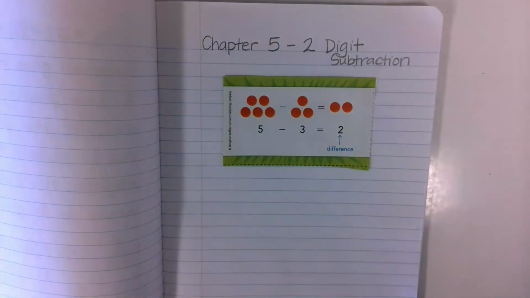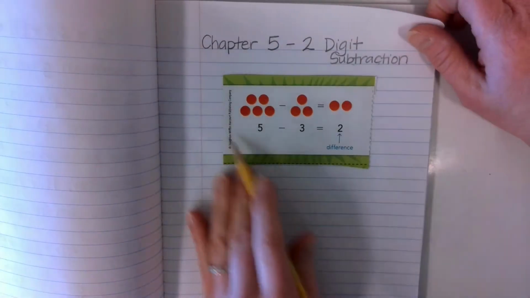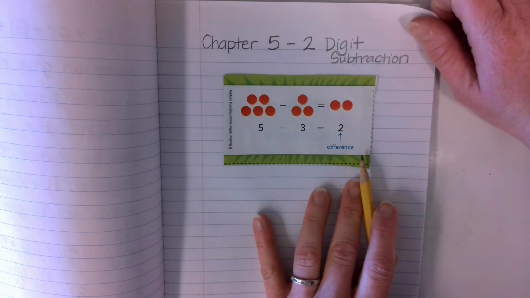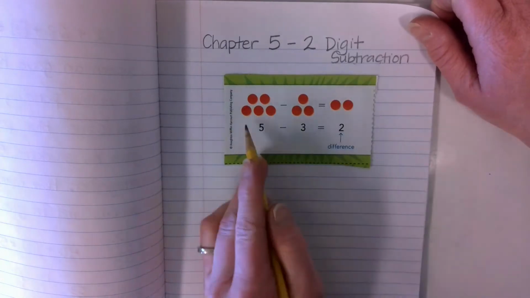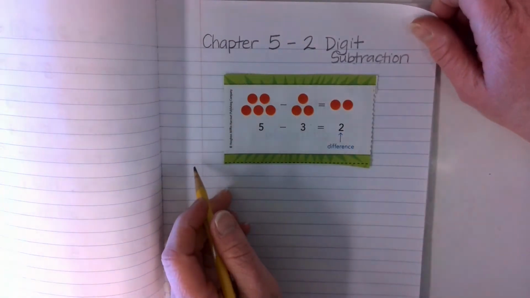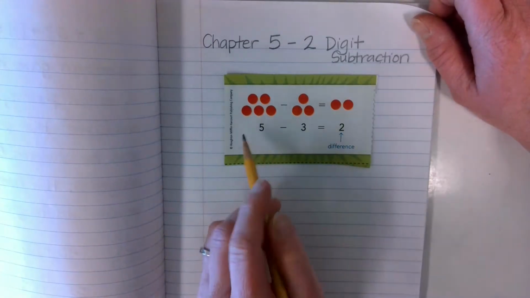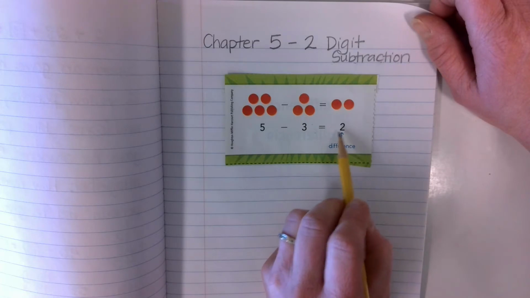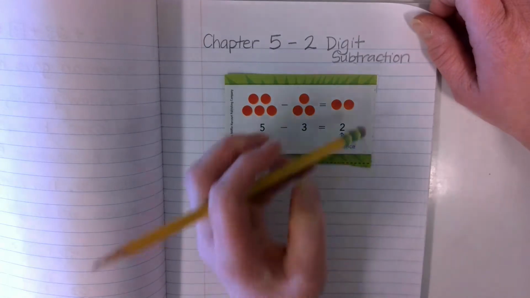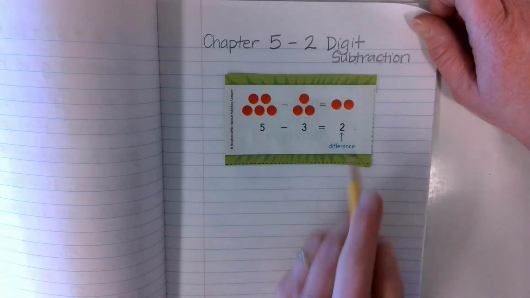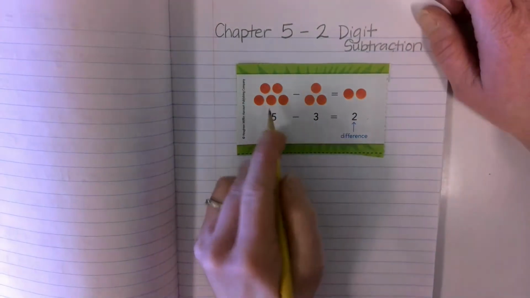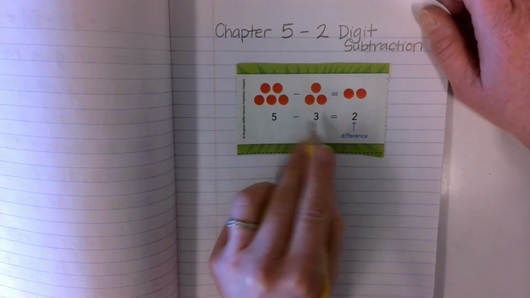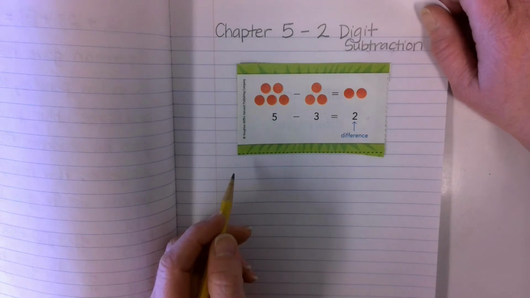So this right here is a subtraction number sentence, or an equation, or a math fact. Remember, it has a lot of different names. And this number here in our subtraction number sentence is the difference. So we call that answer the difference. But I'm also going to teach you what the names of these 2 numbers are as well.